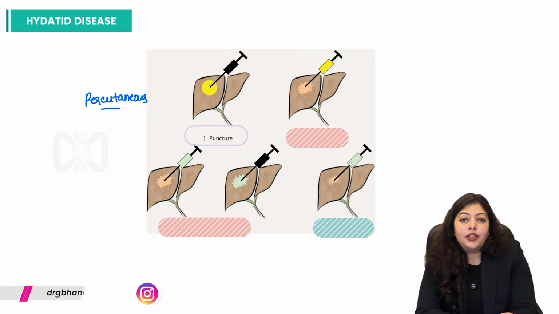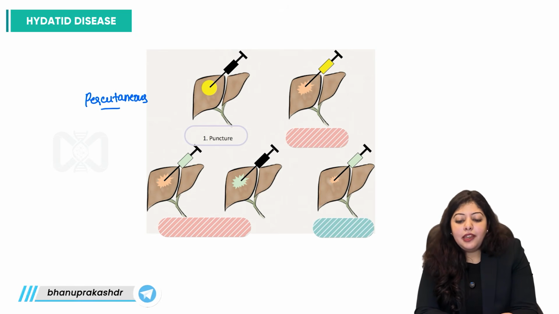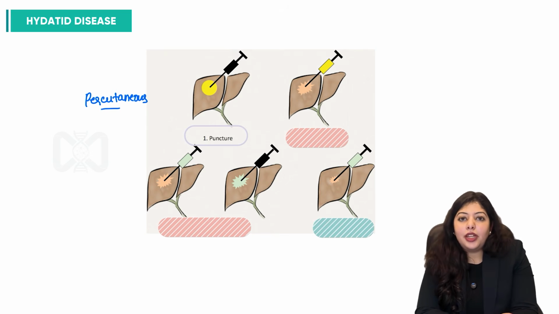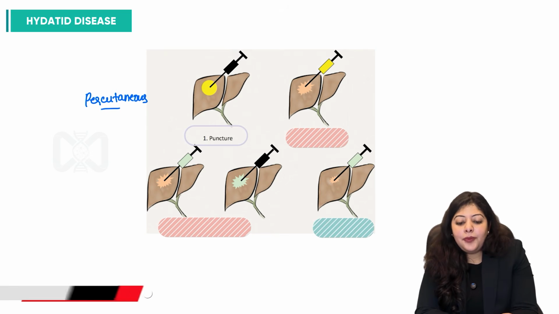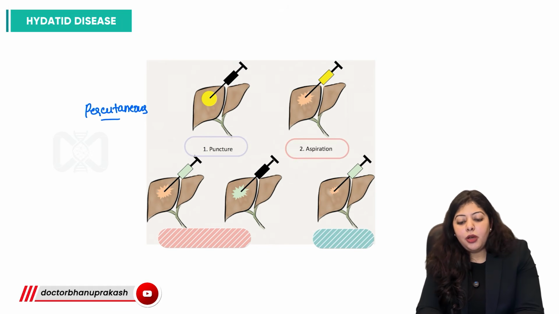Firstly, if the cyst is present very deep and is not easily localizable. Secondly, if it is communicating with the biliary tree, we might puncture the gallbladder, or it might lead to another hazardous complication. So we are not going to touch that particular cyst, right? So the first step that we do is percutaneously puncture the cyst structure.